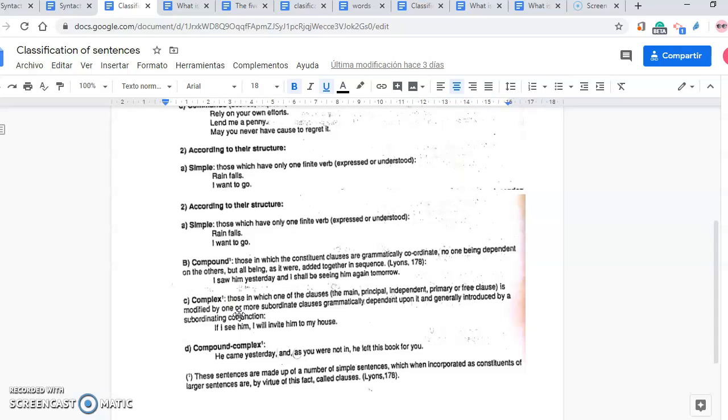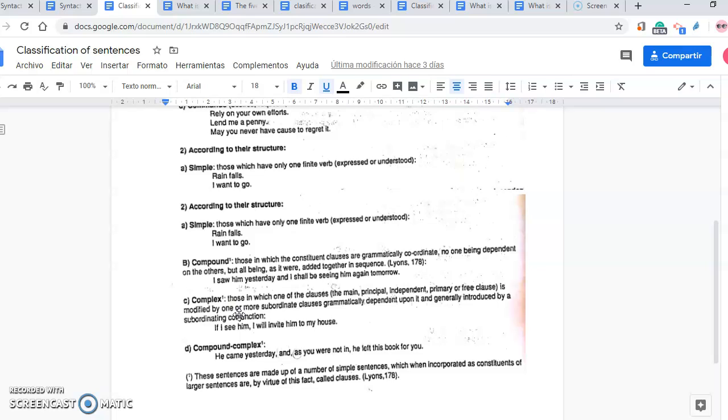And a compound complex, sorry, is precisely a sentence that is compound because it has two main clauses coordinated by a coordinating conjunction, and one or both or many of those clauses have a subordinate clause inside.